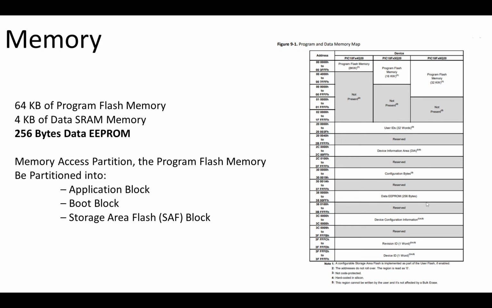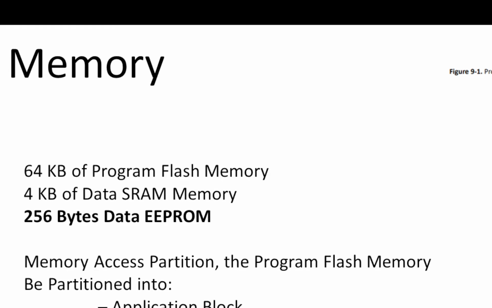So what we're looking at is part of the memory, and the memory specific to this EEPROM is 256 bytes of data EEPROM. There's obviously 64K of program memory and 4K of RAM, but we're focusing on this 256.